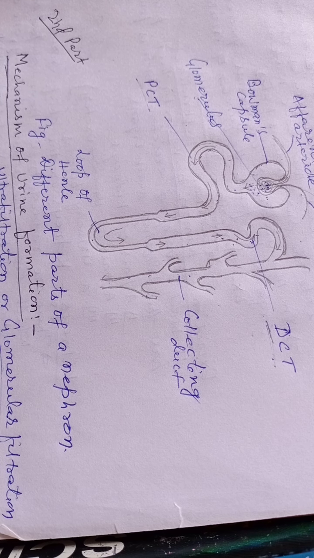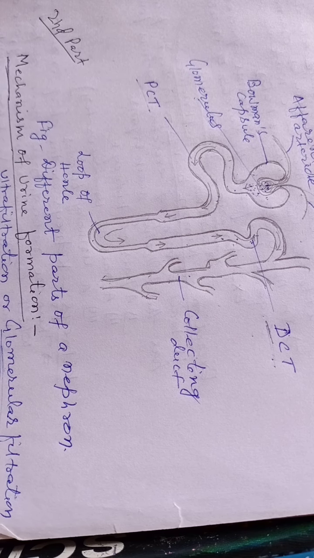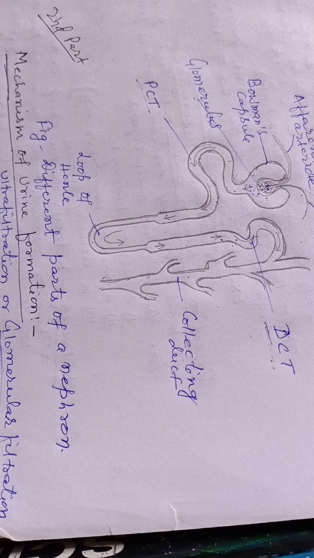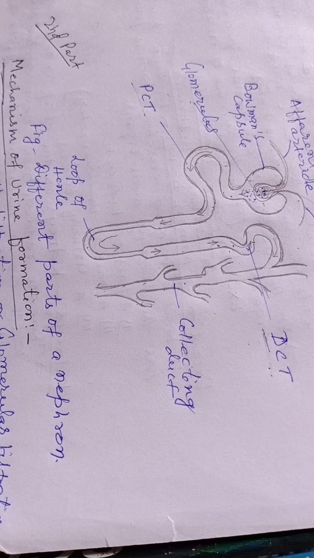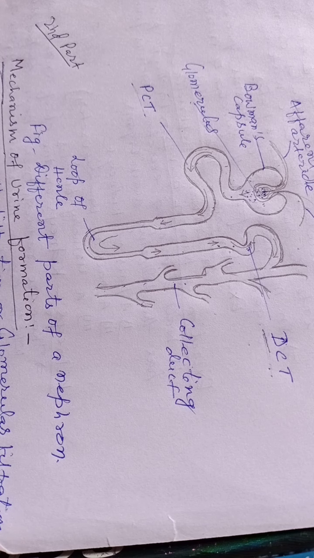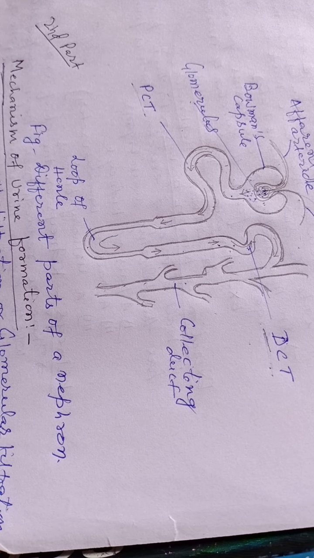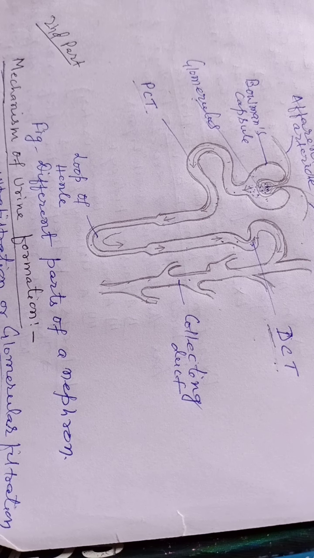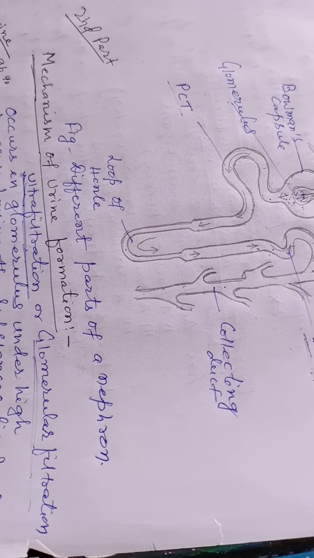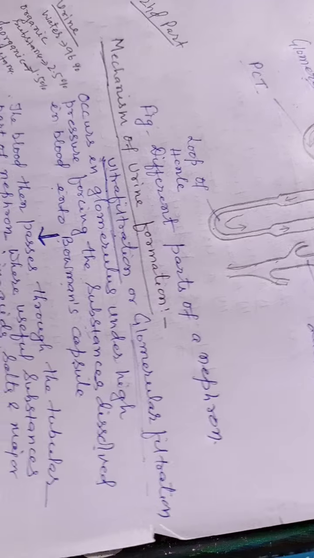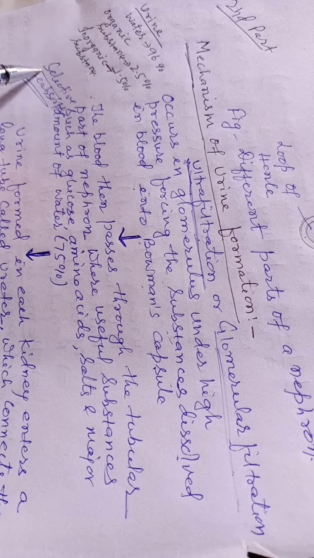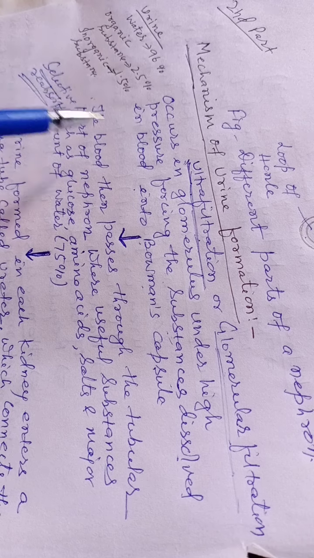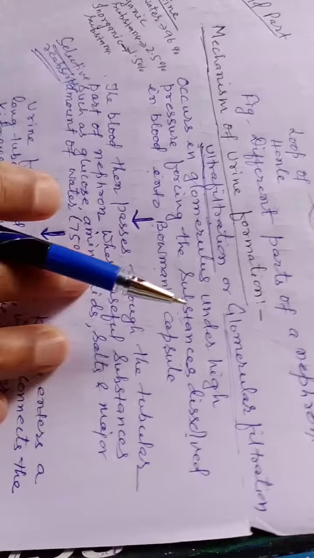First filtration, thereafter there is reabsorption. This reabsorption is also called selective reabsorption. Selective means selected substances are absorbed. Not all the substances are absorbed, only selected. This is why it is called selective reabsorption, which takes place within the tubule.